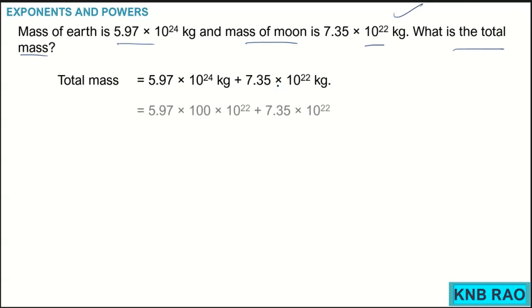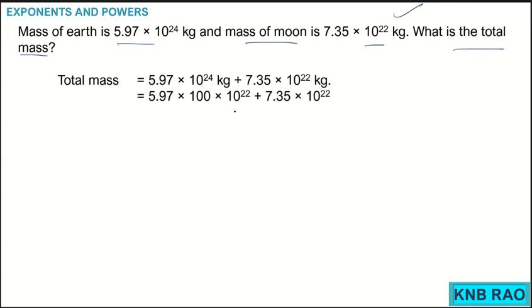So first we have to convert the numbers to the same power of ten. So 7.35 into 10 to the power 22 kg, we will keep as it is. This 10 to the power 24 can be converted into 10 to the power 22 by splitting 10 to the power 24 as 100 into 10 to the power 22. 100 into 10 to the power 22 gives again 10 to the power 24 only.